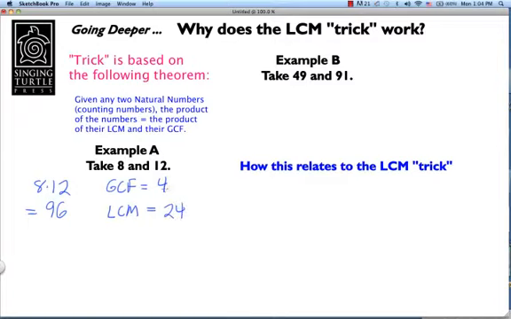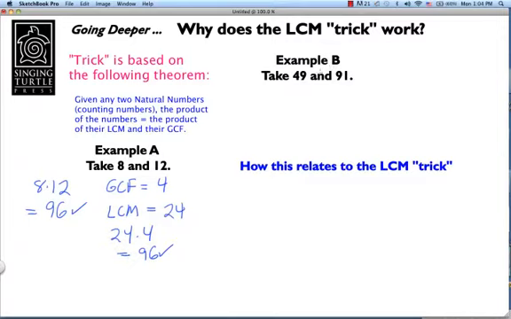Okay, what do we get when we multiply the GCF by the LCM? Well, you can see 24 times 4, putting the larger number first here, 24 times 4 is simply 96. So the product of the LCM and the GCF equals the product of the two numbers. Very nice. Trick seems to be working. Not trick, rather theorem.